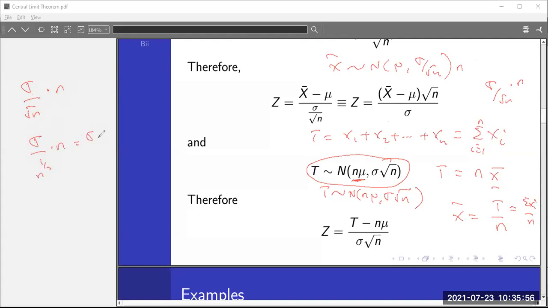So this is sigma times n raised to 1 minus a half. 1 minus a half is a half, isn't it? So sigma times n to the power half, and power half is simply the square root of n. You understand? Yes. That is where we are getting this sigma times the square root of n here, and n mu.